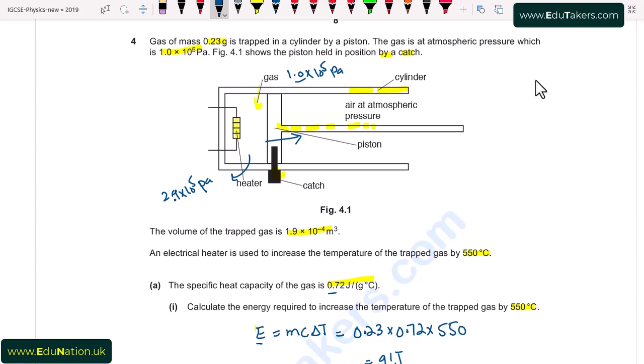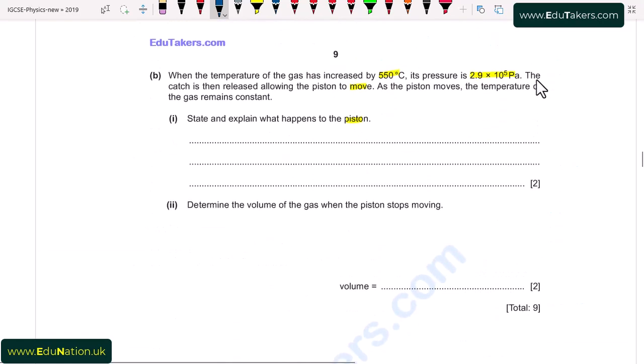So I write here, we have to state and explain what will happen to the piston. So the pressure inside piston is greater than the atmospheric pressure.